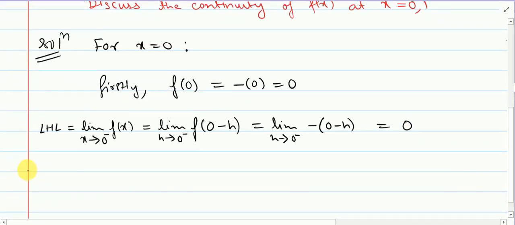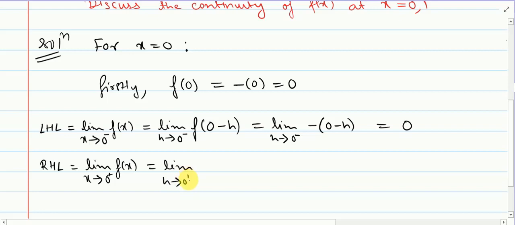Then find the right hand limit. Limit x tends to 0 plus h. This 0 is this one. Now here 0 plus h means it's greater than 0.